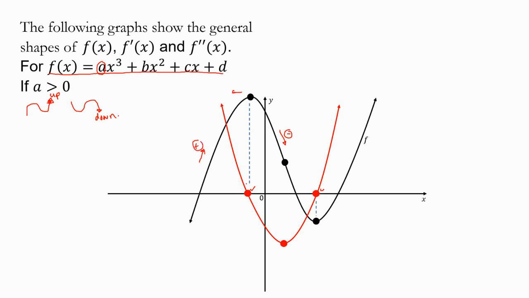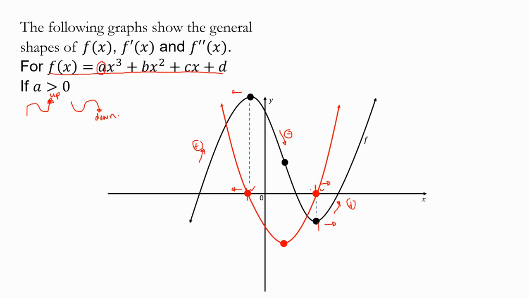That's why the red graph from this point going this way is above the x-axis. Same on this side, from this point going to the right, the graph is increasing, meaning that the gradient is positive, so the red graph is above the x-axis.